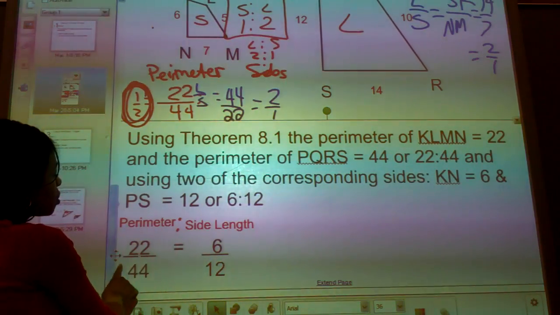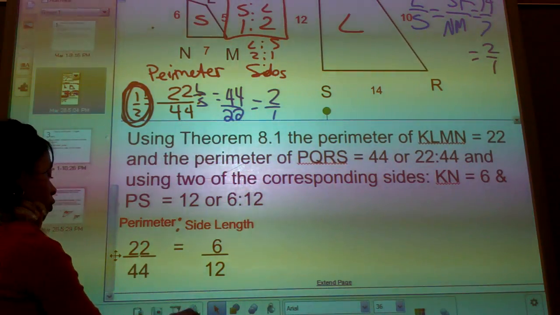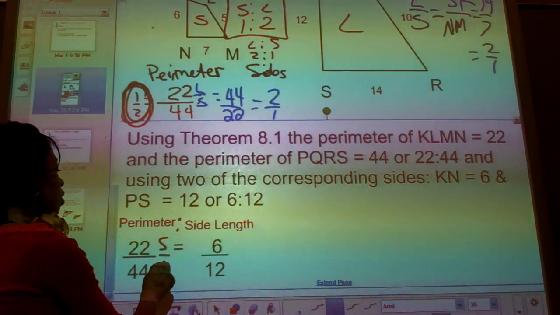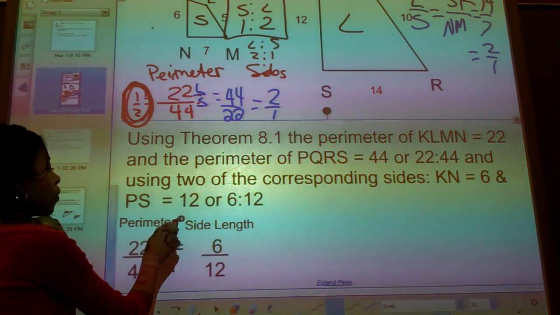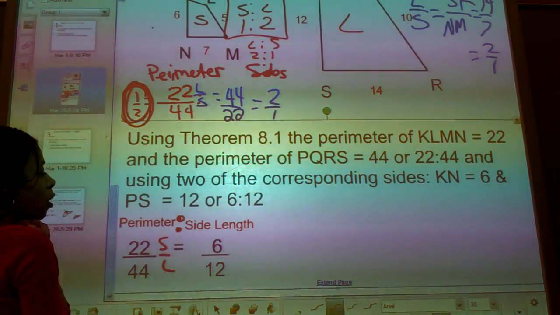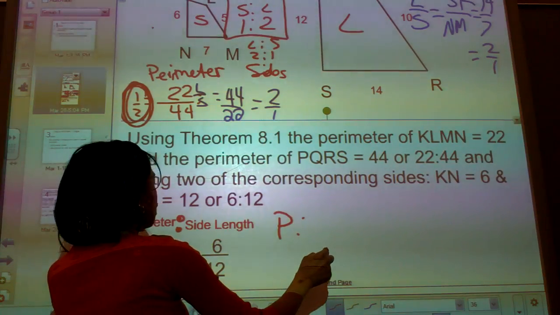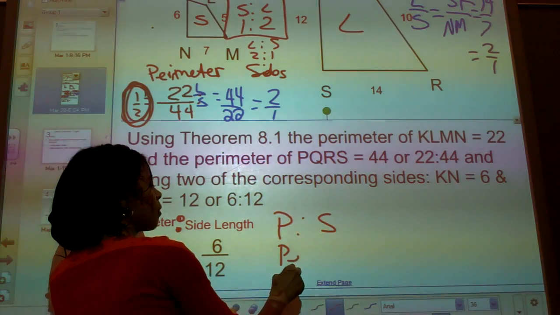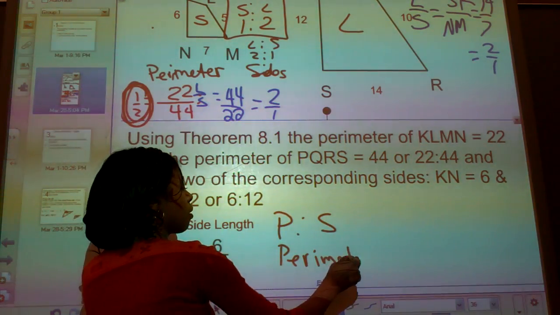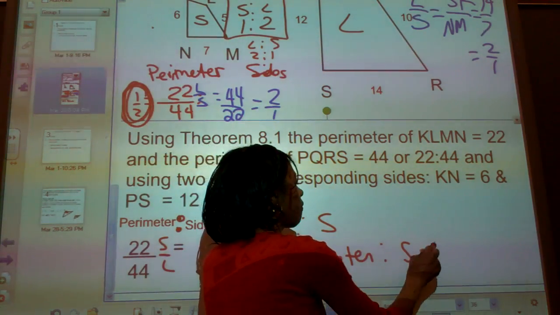Perimeter compared to side is 22 over 44. Here are the perimeters: 22 over 44, small over large. And I'm comparing perimeter to the side, with a colon, so I'm comparing KN to PS.